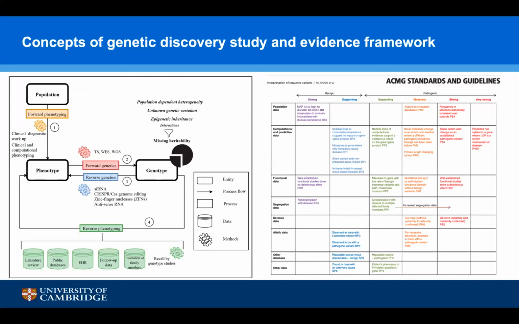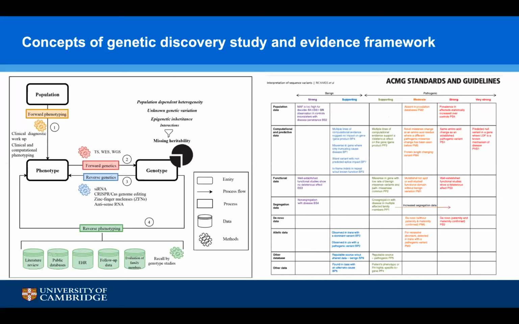So to address this issue within a research setting, we devised a research study whose concept can be broken into 4 stages. The first stage is forward phenotyping, which is a process of describing phenotypes for case control analysis.